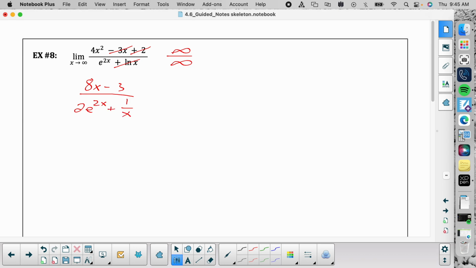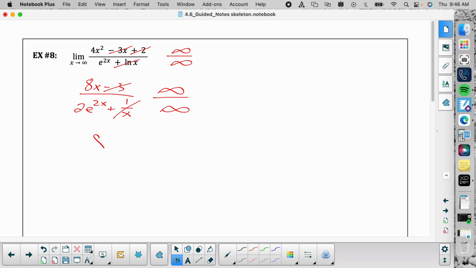And I'm going to plug in infinity again. Infinity minus 3, that's nothing. On the bottom, infinity plus 0. 1 over infinity is 0. So it's infinity over infinity again.